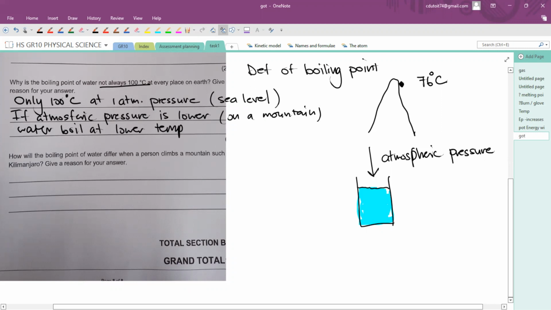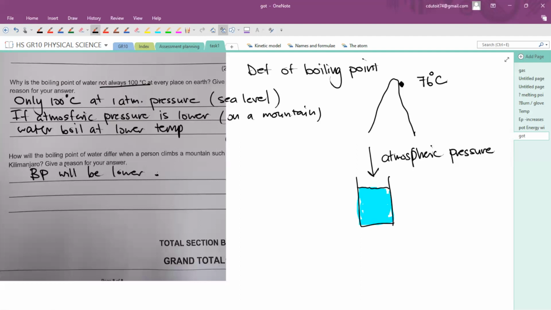How will the boiling point of water differ when a person climbs a mountain such as Kilimanjaro? Boiling point will be what? Lower. Okay, give a reason. Well, the reason is in the previous one. The atmospheric pressure on the mountain is lower.